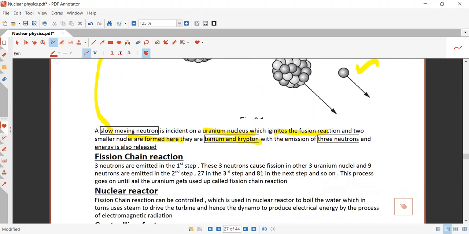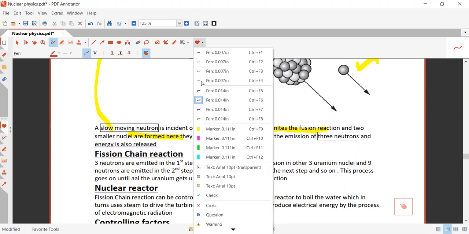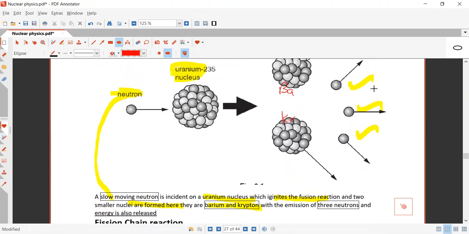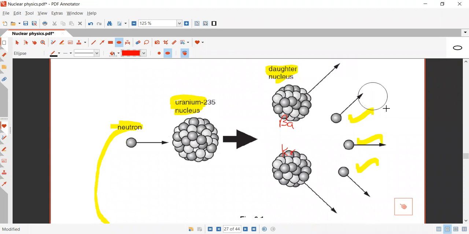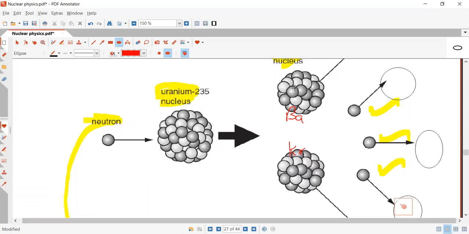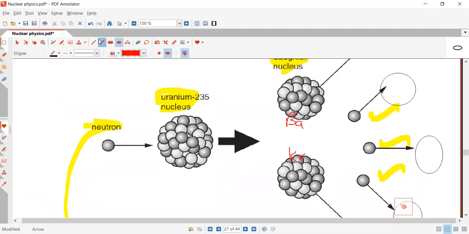Now, what's going to happen in the fission chain reaction? These three neutrons are going to go to the other three uranium nuclei. Let's say the other uranium nuclei are placed here, one is here, one is here. So what's going to happen? They are going to hit these uranium nuclei, and these uranium nuclei are going to undergo the fission reaction themselves.